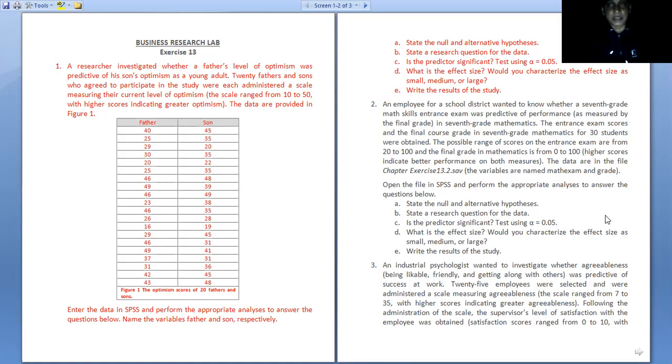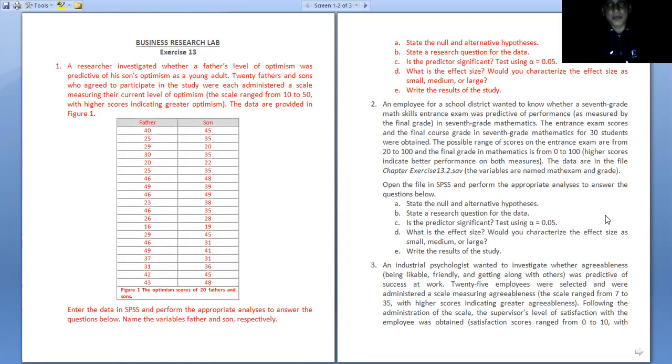We have 20 pairs of father and son whose level of optimism has been recorded, between 10 and 50. The higher the score, the higher the level of optimism.